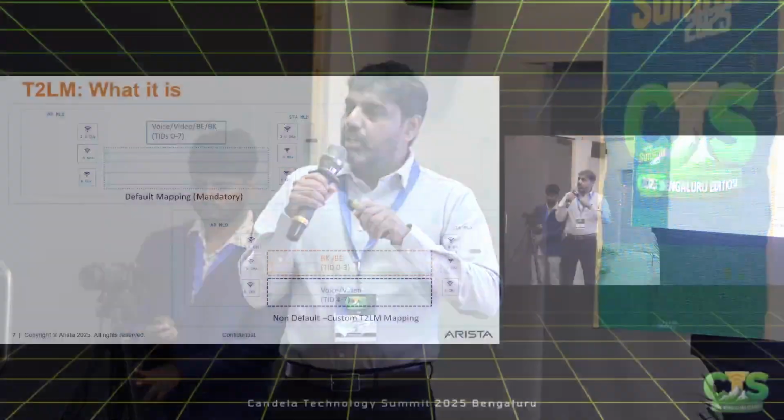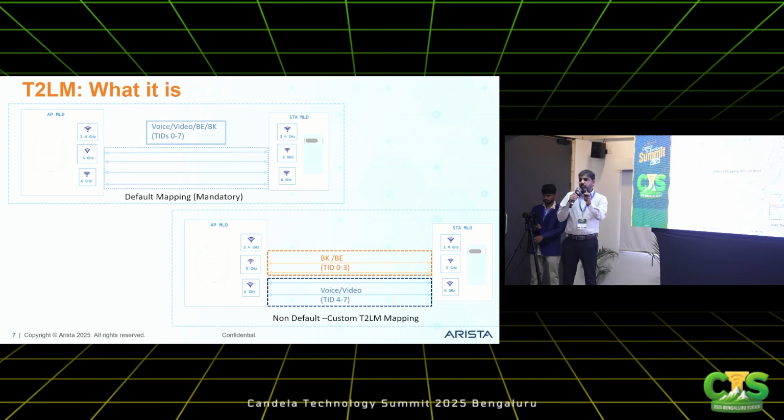Whereas in the custom T2LM, you can map some of these ACs into some links. You can map voice and video to the 6 gigahertz link, and best effort and background to the 5 gigahertz link. This kind of prioritization is possible, and the advantage is you get deterministic behavior.